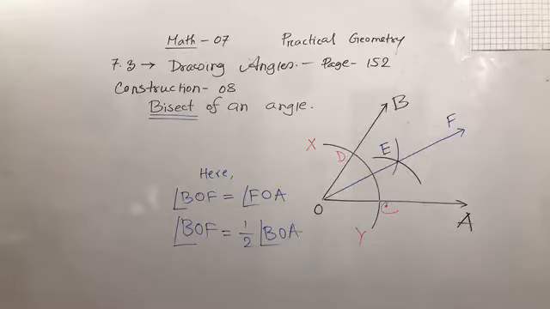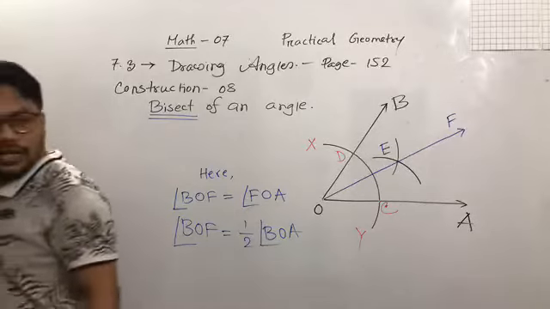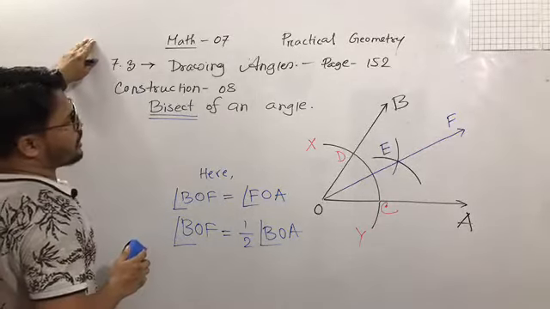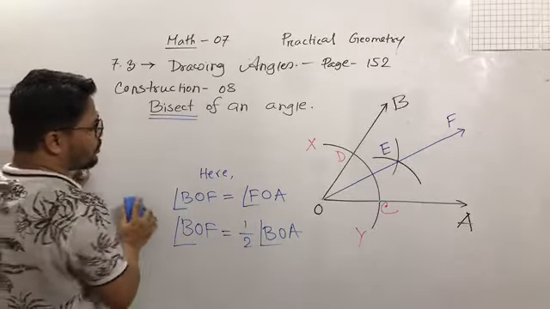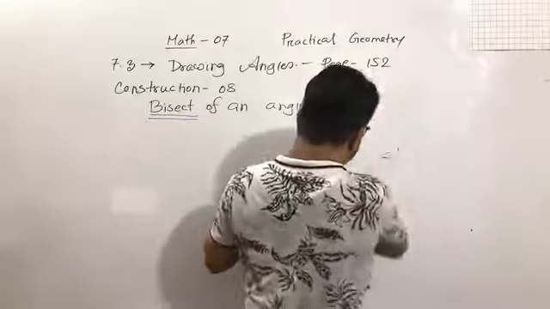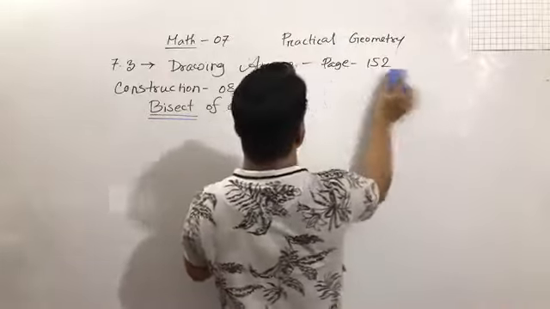Now from chapter 7, using a protractor, draw 45 degree angles. Question number 16, chapter 7. Okay, my dear students, we will discuss question number 16. Construction up to 8 is already done. Now we will practice chapter 7, which is question number 16.